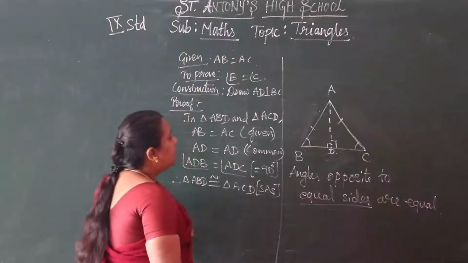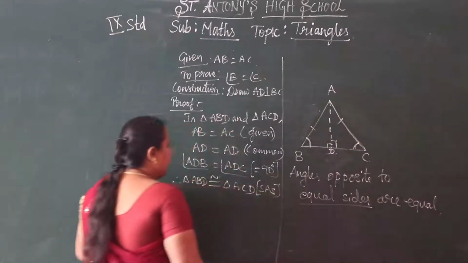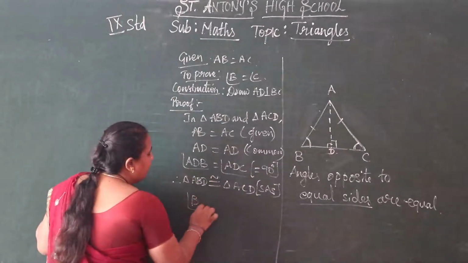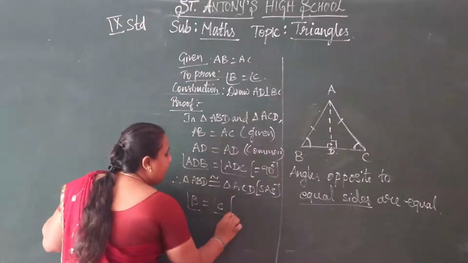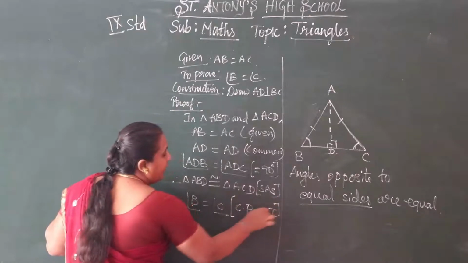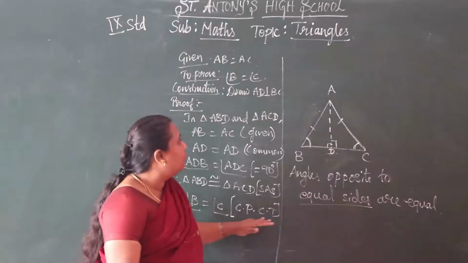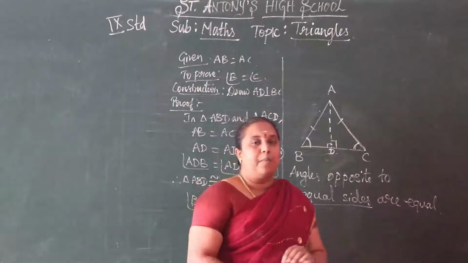So angle B equals angle C by corresponding parts of congruent triangles. We proved it. So this is the property.